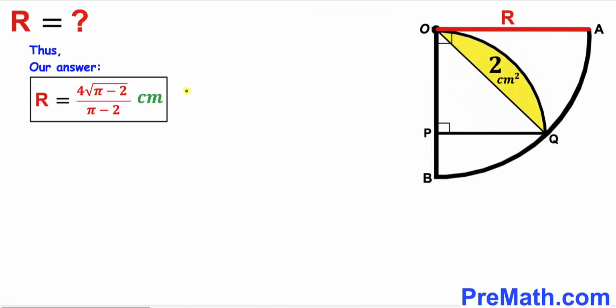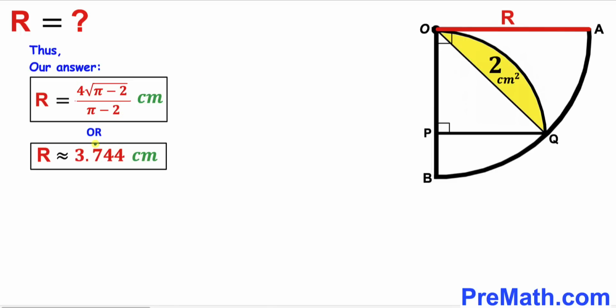So thus after all the calculations and manipulations, our radius uppercase R turns out to be 4 times the square root of pi minus 2 all over pi minus 2 centimeter. And that is going to be approximately equal to 3.744 centimeter as well. And that's our final answer.